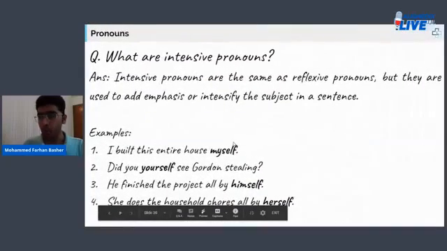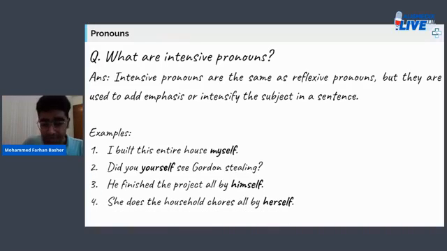All right, so once again, what are intensive pronouns? Intensive pronouns are the same as reflexive pronouns, right? Just like in reflexive pronouns, we have myself, yourself, himself, herself, themselves, right? Just like reflexive pronouns, intensive pronouns are those very pronouns as well, but we use them a little differently, and we call them intensive pronouns.